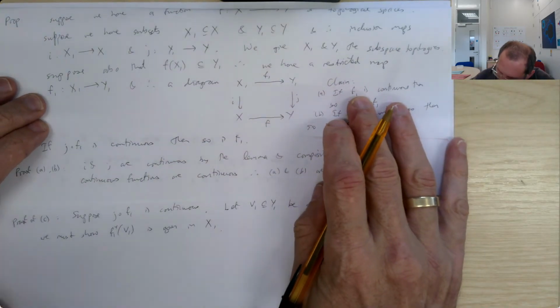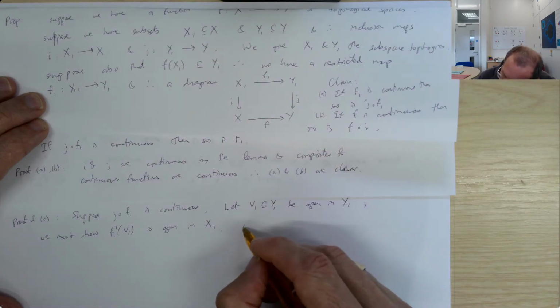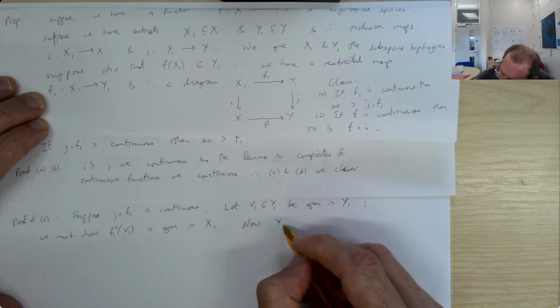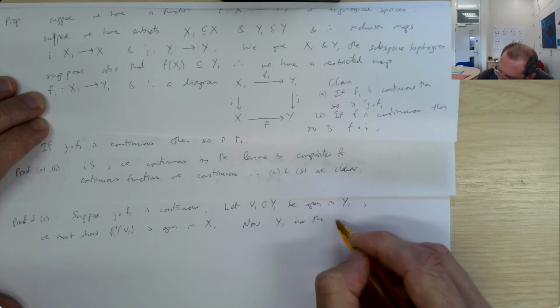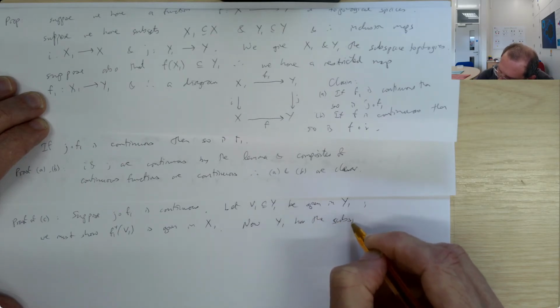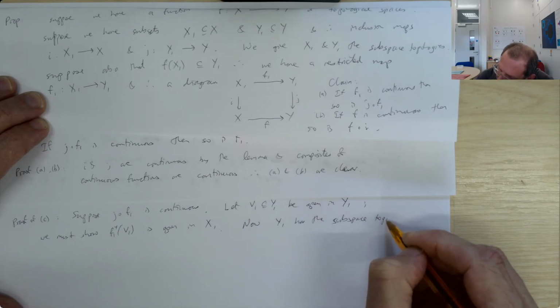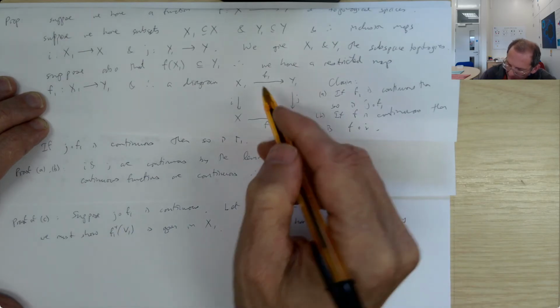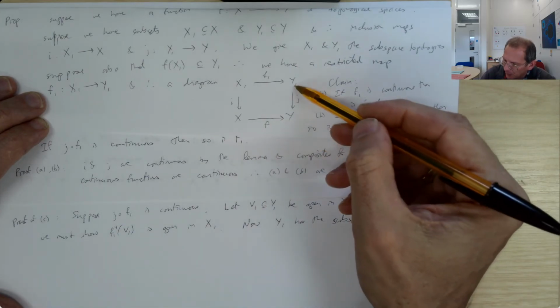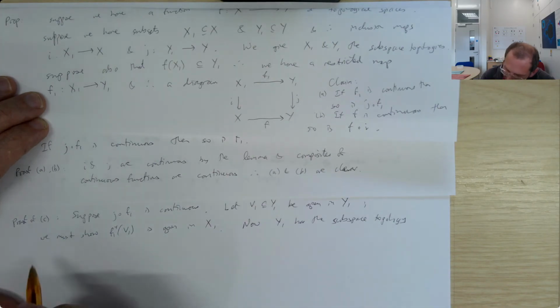Now we know that Y1 has the subspace topology. That's how we set things up at the beginning. Y1 was a subset of Y, and we give it the subspace topology.